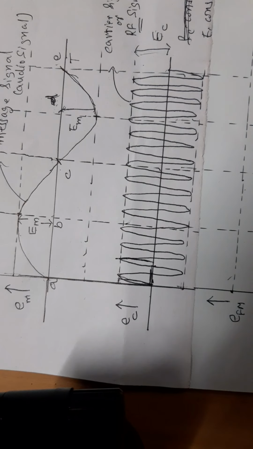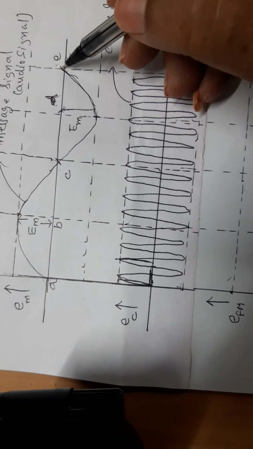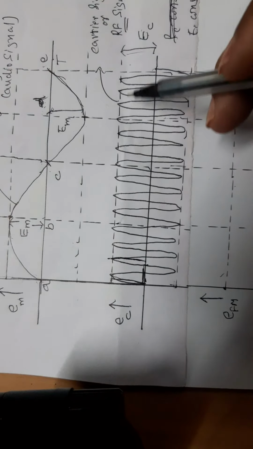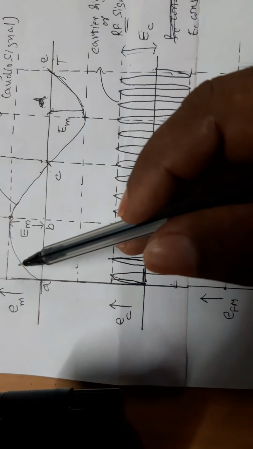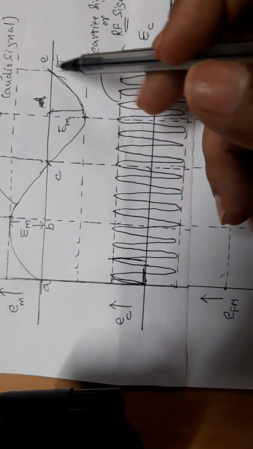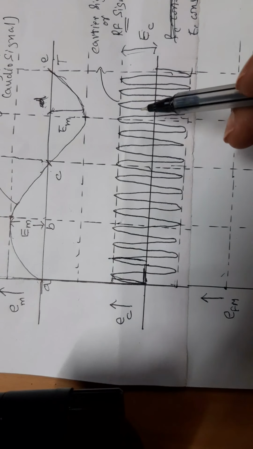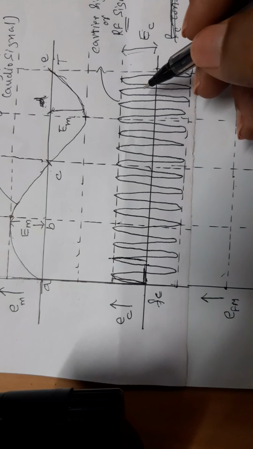The message signal is 0 at the point A, at the point C, and at the point E. In frequency modulation, the frequency of the carrier signal is varied in accordance with the amplitude of the modulating signal. Before modulation, the carrier frequency is FC. Let us see what the frequencies are after modulation.